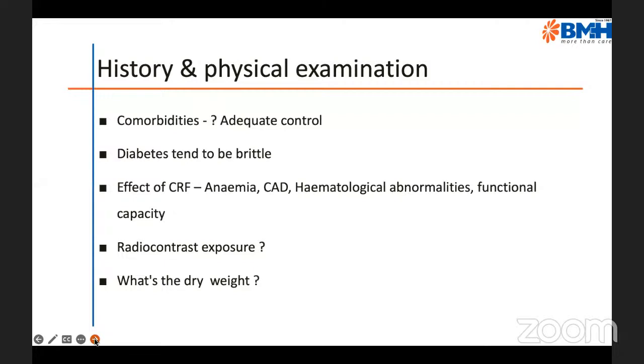Whether the patient has had radio contrast exposure in the previous days as an investigative modality for their surgical workup. And what is the dry weight of the patient? Usually it will be in the case sheet, or the patient will be able to tell you their dry weight. That is very important to know for perioperative fluid management.